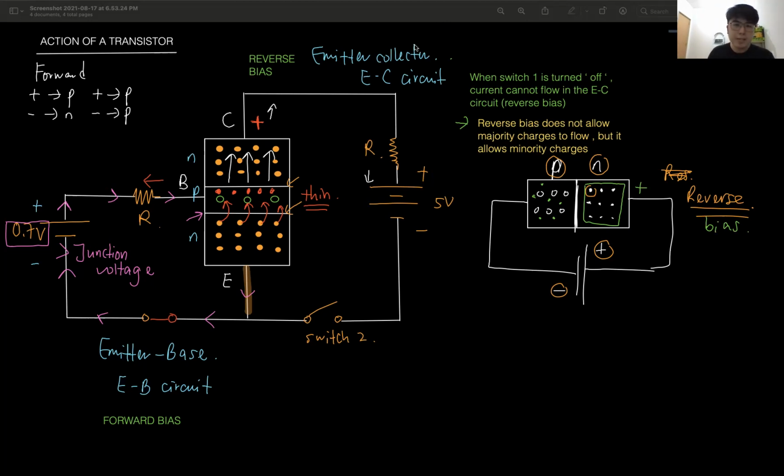And for the same reason, the electrons that diffuse in the p-type will be accelerated to the positive plate up here in the collector circuit. Then you get a complete flow of charge in the collector circuit.